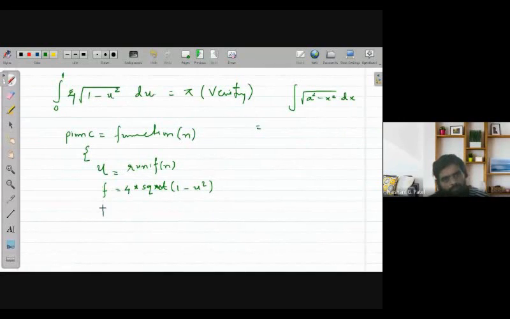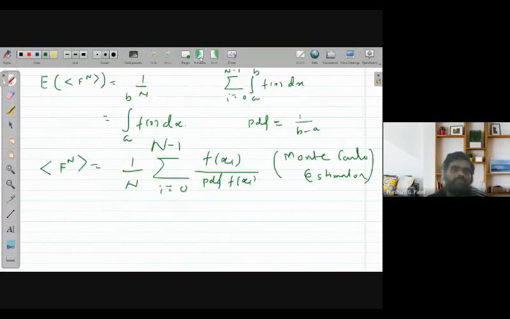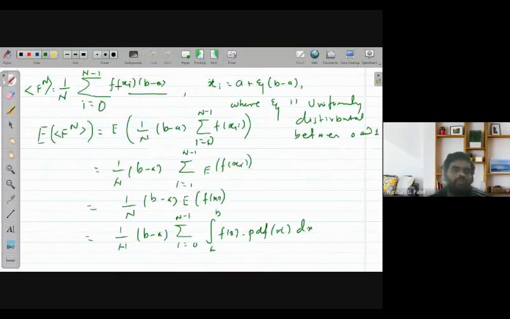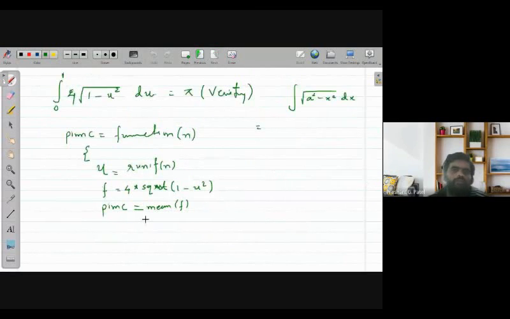And then we create this pi_mc, which is the mean of this function f. Because ultimately we have seen the mean of that value, f of xi into b minus a, divided by n. So that's why we are taking the mean. And then we print that pi_mc, and the function is over.